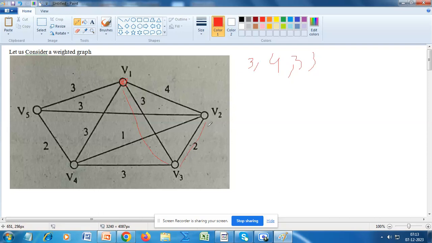Next, again you choose minimum weight which does not form a cycle. Next, I choose V3, V2 already chosen, and then collect minimum weights. V2, V4, because its minimum weight is 1.